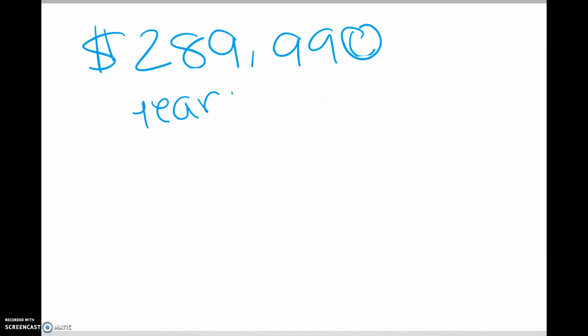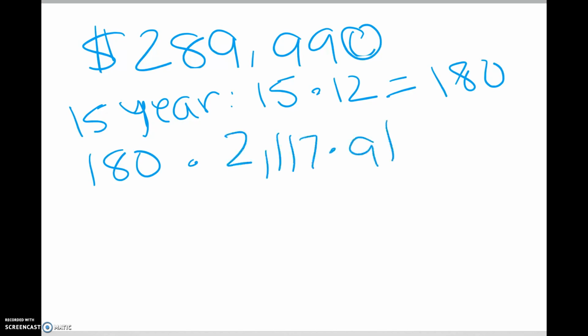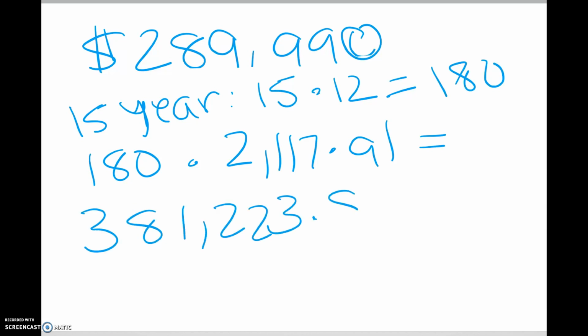So we do the same thing with the 15-year loan. Instead of 360 months, it's 180 months. So you do 15 years times 12 months, and it's 180 months. And you take the 180 and multiply it by your monthly for the 15-year loan, which is $2,117.91. And you get a total of $381,223.80.